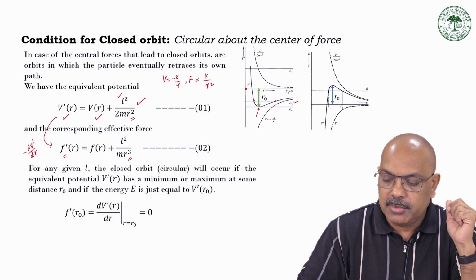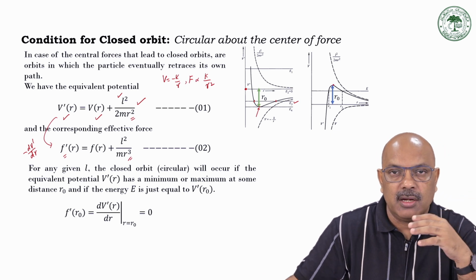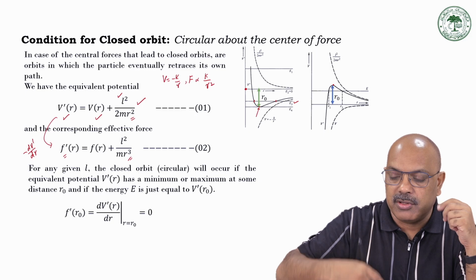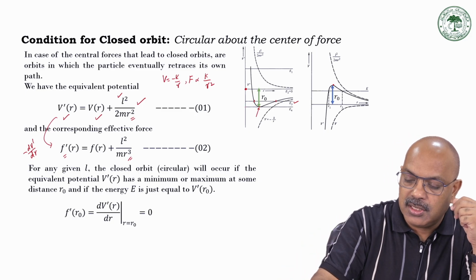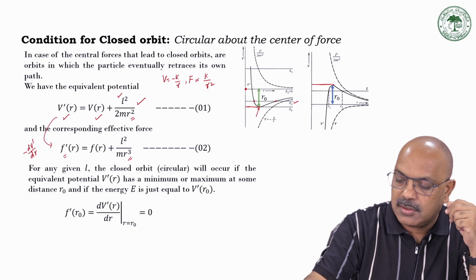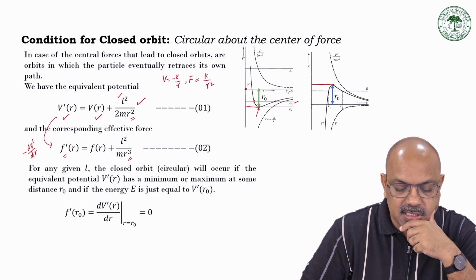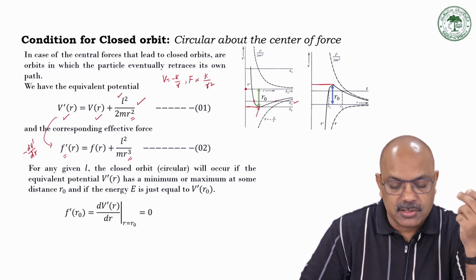For a circular orbit, this position is either a minima or a maxima, and you are going to have an orbit of single constant radius, the distance from the center of the force. This is the apsidal distance, so this is going to be the circular orbit.